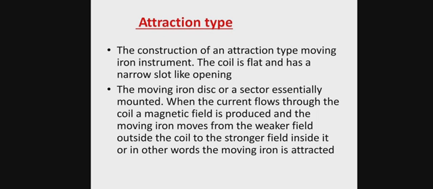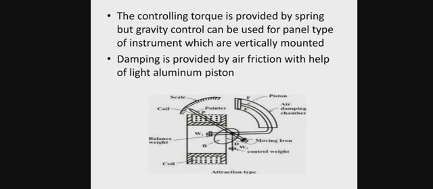The controlling torque is provided by the spring, but gravity control can be used for a panel type of instrument which is vertically mounted. The damping is provided by air friction with the help of a light aluminum piston.